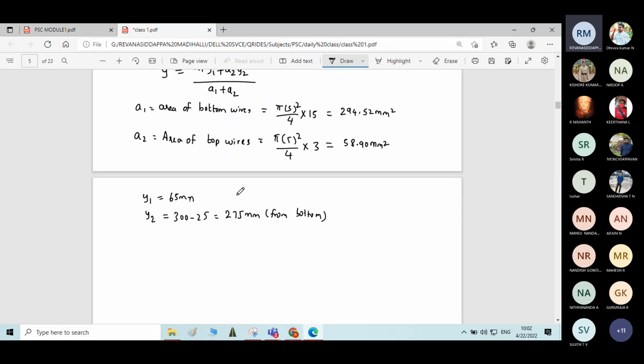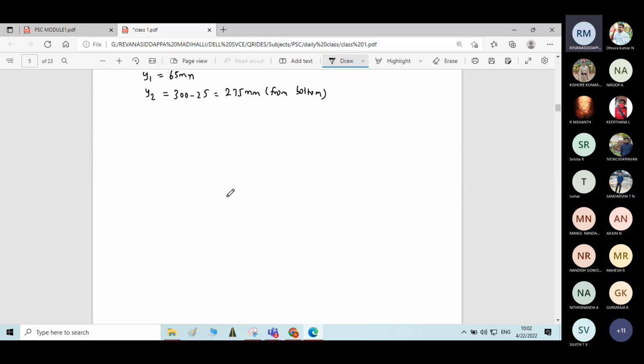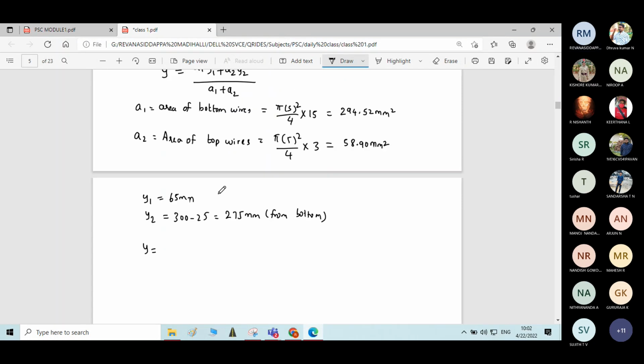Now substituting all the values, you will get y is equal to a1 y1 plus a2 y2 divided by a1 plus a2: 294.52 into y1 65 plus 58.9 into 275, divided by 294.52 plus 58.9.